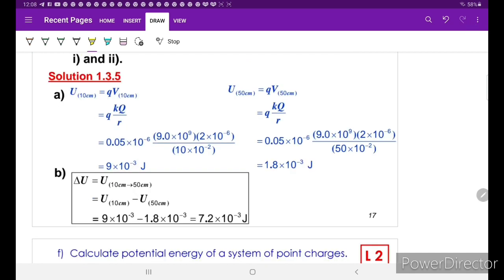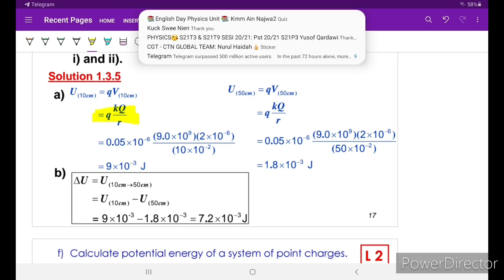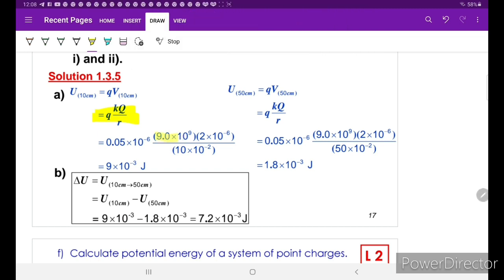By using the formula U equal to kqQ over R, where small q is multiplied by capital Q over R. So we substitute the value of k with 9 exponent 9.